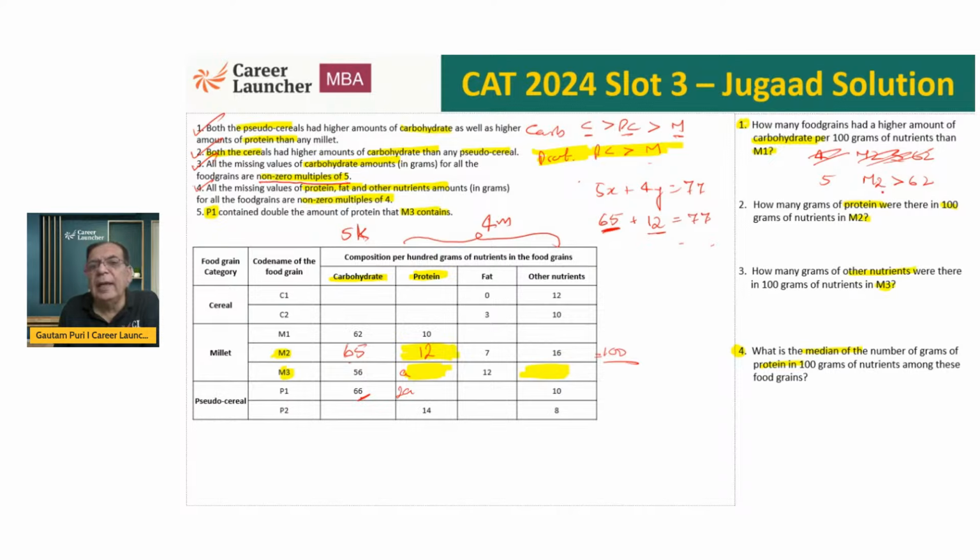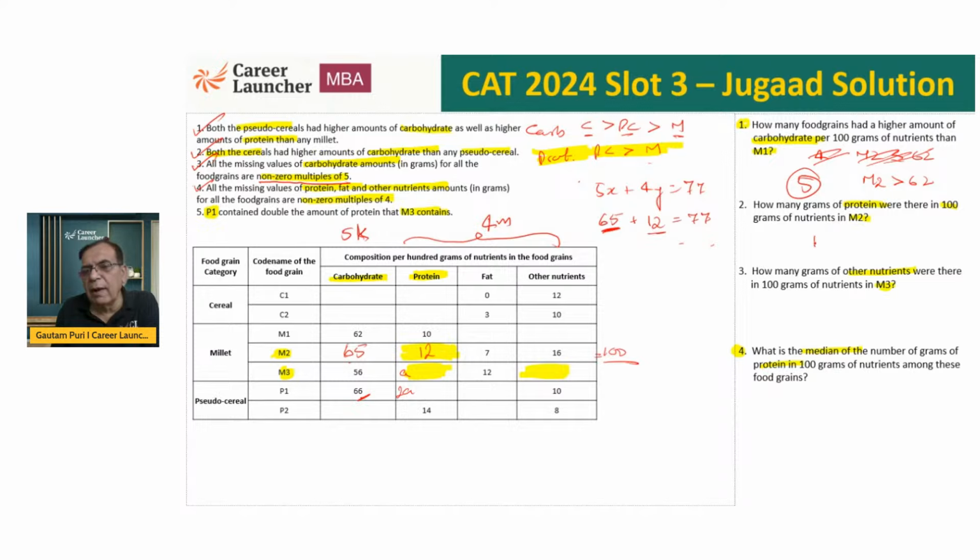Because carbohydrate in M2 has to be greater than 62 and in M2 it is 65. Okay. So the answer for question number 1, we have found it to be 5. Now, at the same time, question number 2, we have also solved. How many grams of protein were there in 100 grams of nutrient M2?